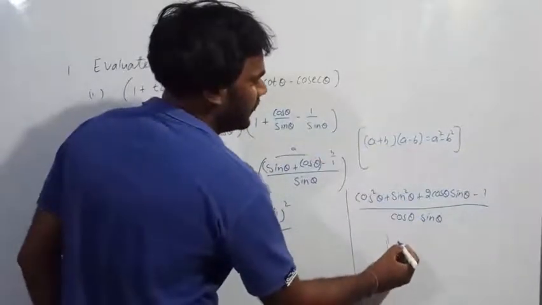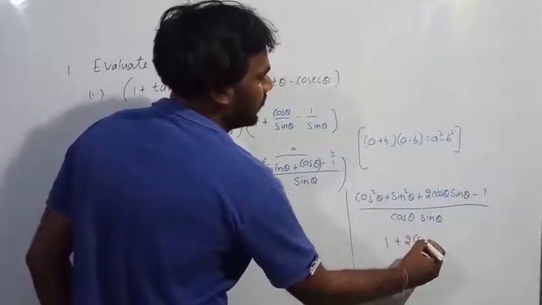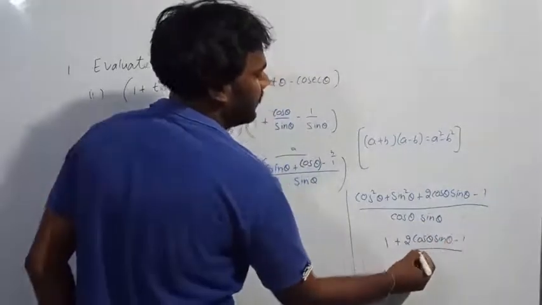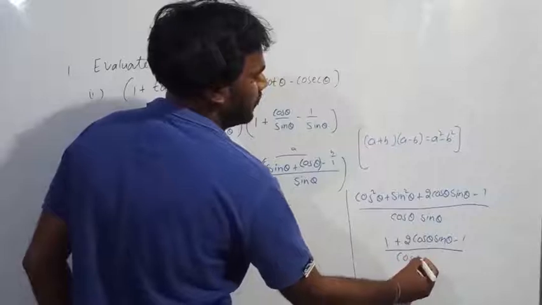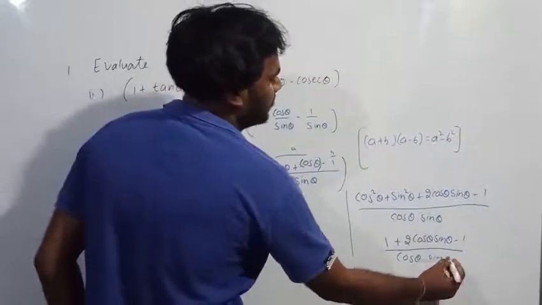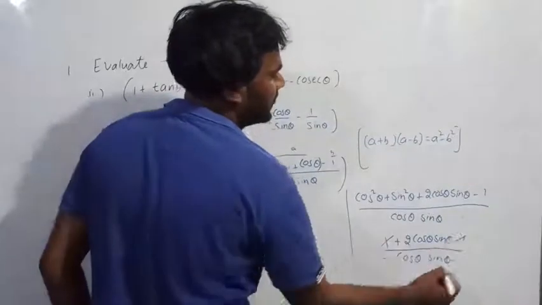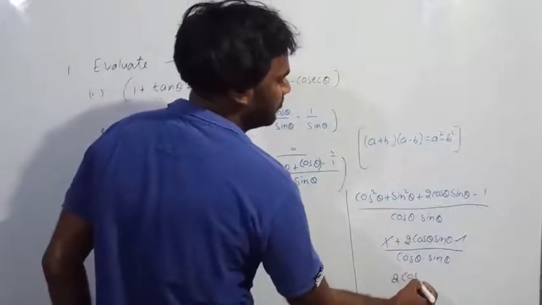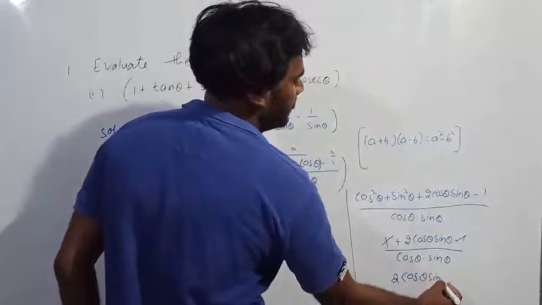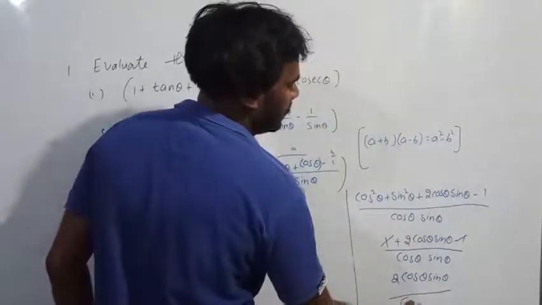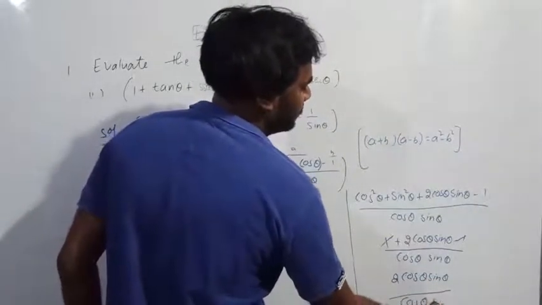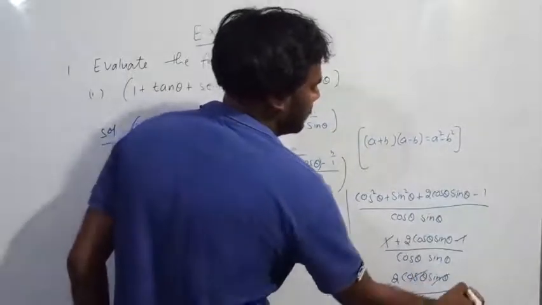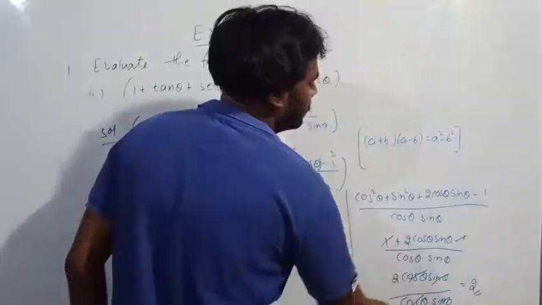So 1 plus 2 cos theta sin theta minus 1 by cos theta into sin theta. So plus 1 minus 1 is cancelled. Remaining is what? 2 cos theta sin theta by cos theta into sin theta. Cancel sin theta, cos theta cancel. Remaining is what? 2. 2 is your answer.